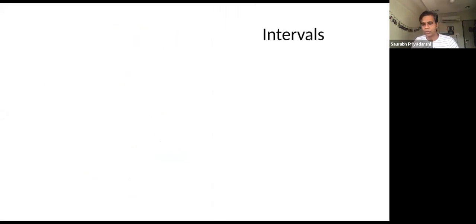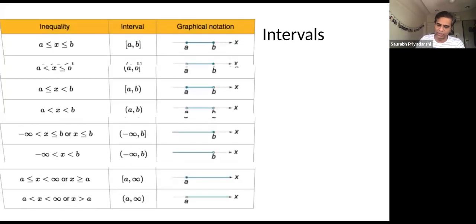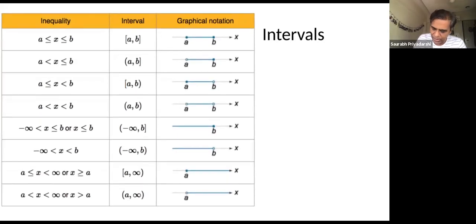Now you must know about the intervals, right? What is the meaning of intervals? If I'm saying a is less than or equal to x, and x is less than or equal to b, both side inequality signs.